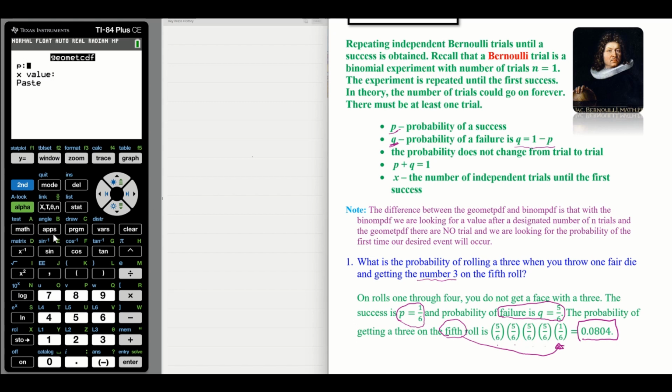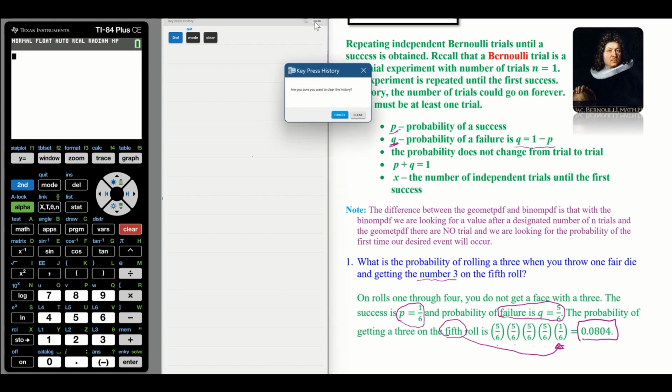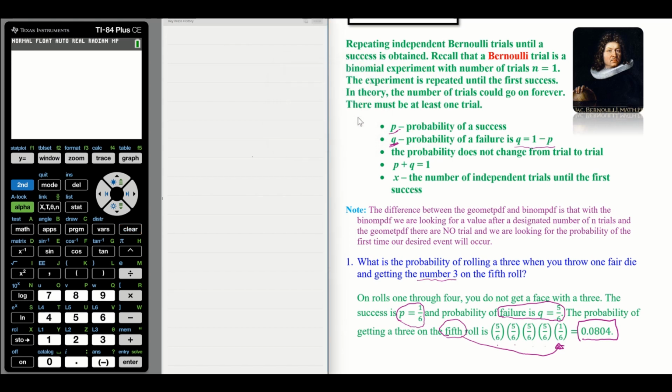So I'm going to clear this out so we can remember exactly how to get this. Let's clear it all out. So what do we have? We will have second, vars, alpha, cosine. See, we're back where we were.